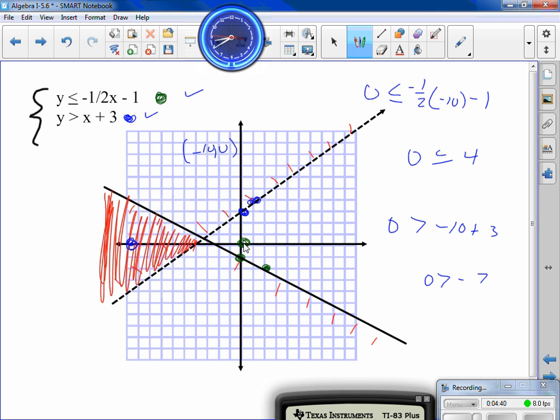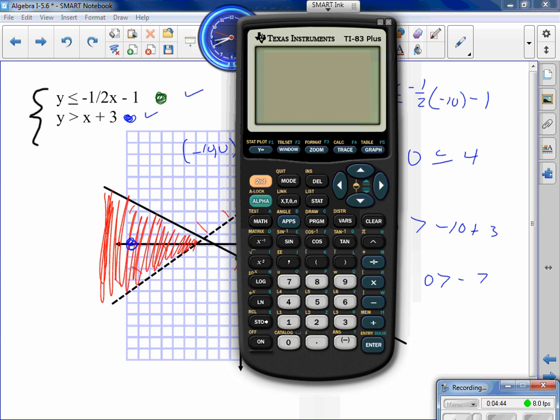If I made it 0, 0, I can look in the calculator at this. If I plotted both these, negative 1/2 x minus 1. This one is less than, so I'm going to go over to the left.